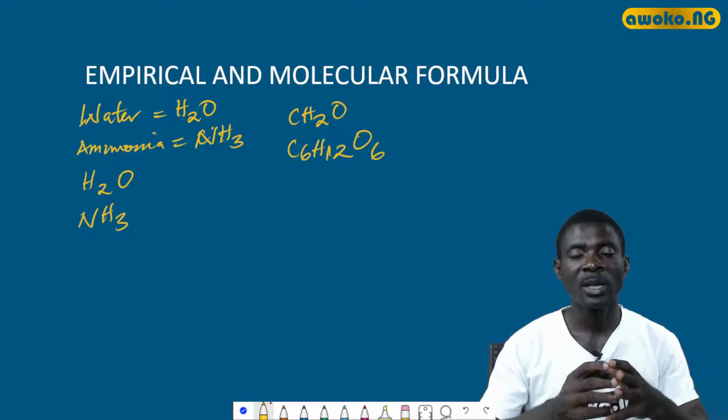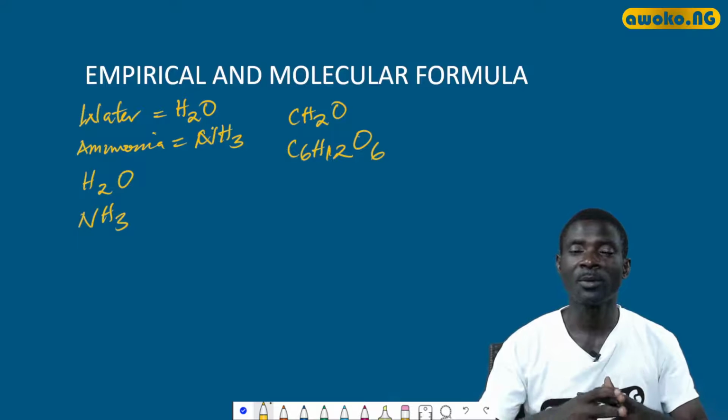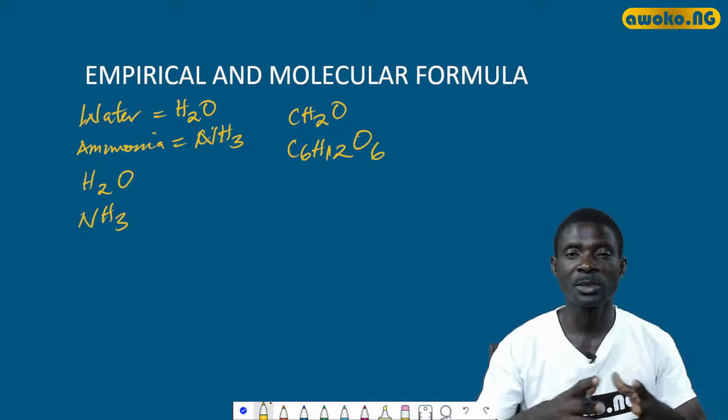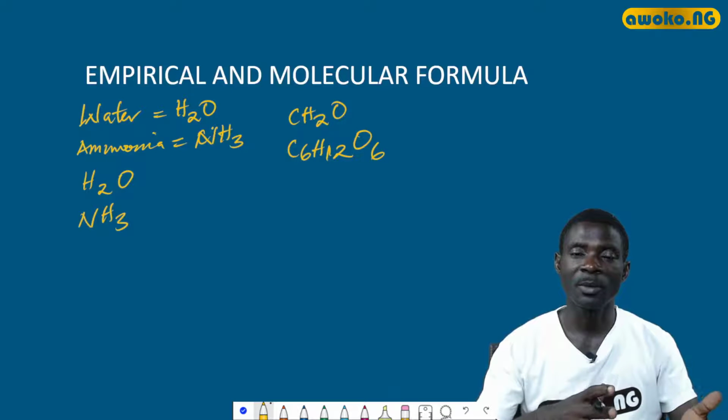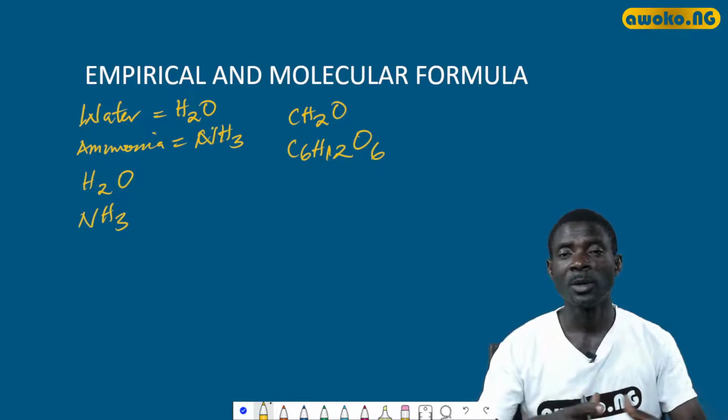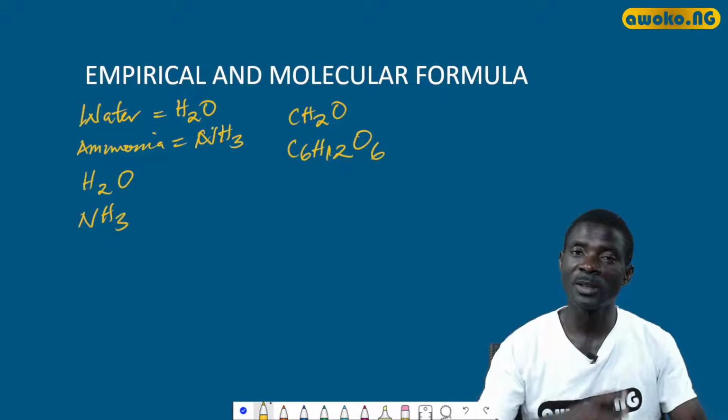Okay, so it is not in all cases that the empirical formula and the molecular formula are the same, but there are some scenarios where you can have them be the same. So just as rightly said, the molecular formula goes into detail to show the actual number of atoms of the different elements that make up the compound.